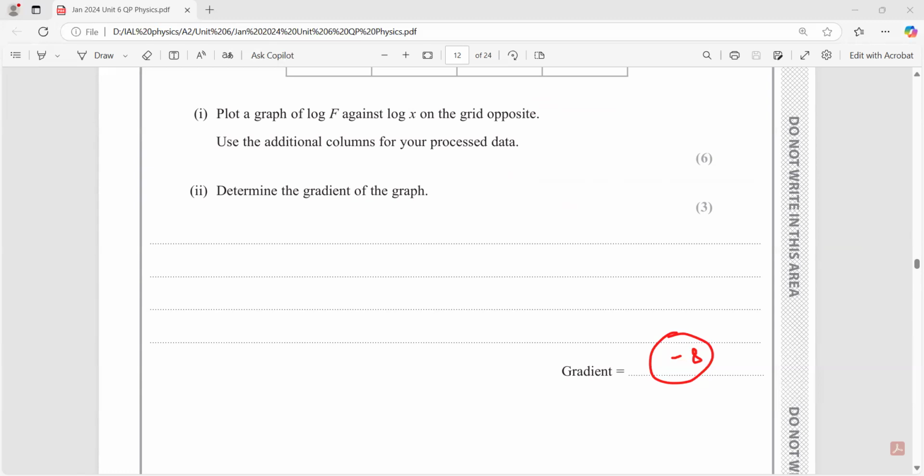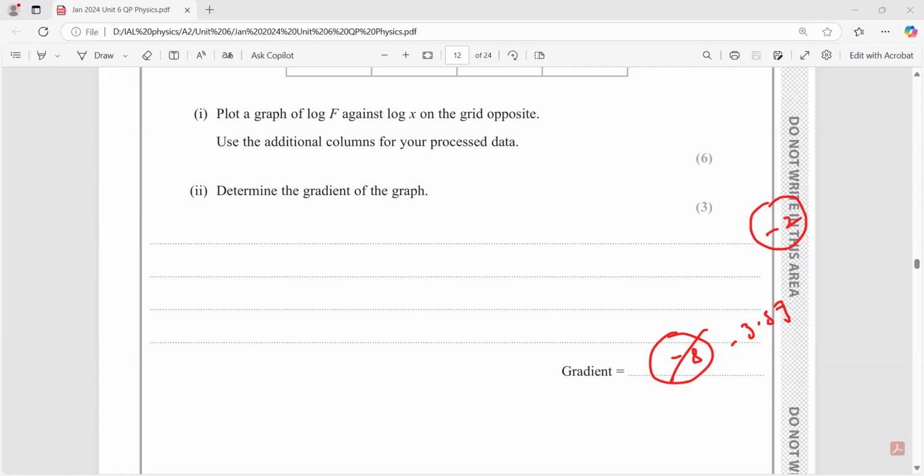Here, this value of minus 3.57 is not equal to -2. Because if they had an inverse square relation, the gradient should be equal to -2. But the gradient is not equal to -2. It means that they don't have an inverse square relation.